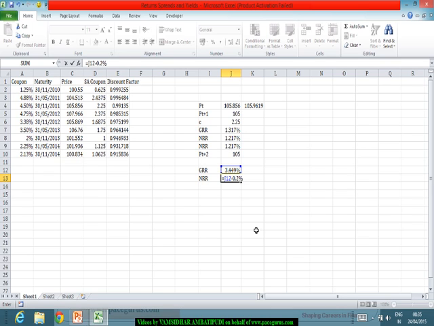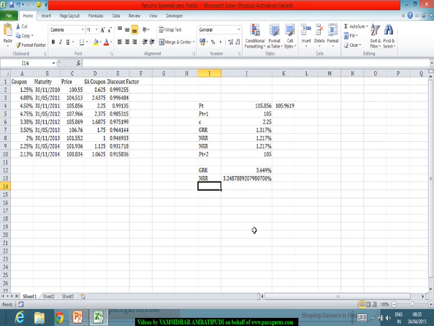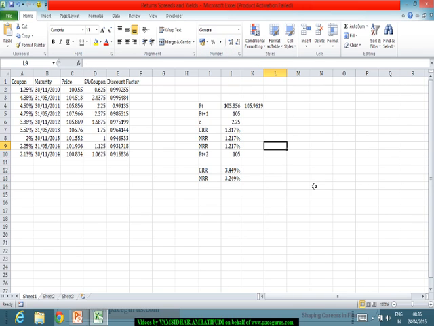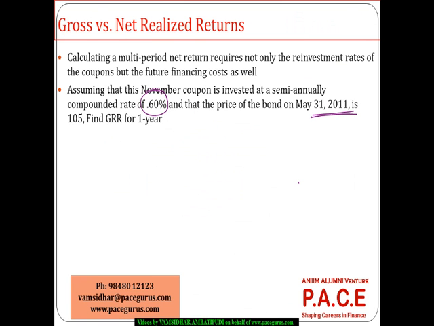Now this is for the whole year. I can take it as 0.2%, giving me that the net rate of return is around 3.249%. So this is how we operate the computation of the returns. So multi-period return, if at all I have to compute, requires one, at what rate the intermediate cash flows are getting reinvested, and even the future financing costs.